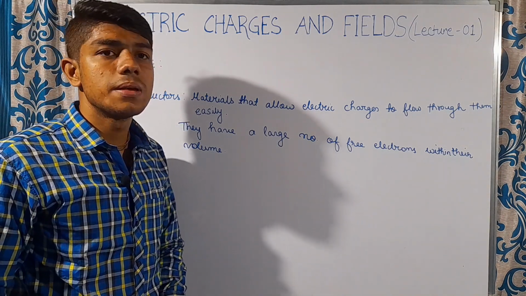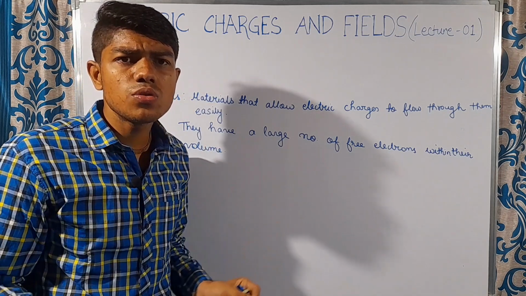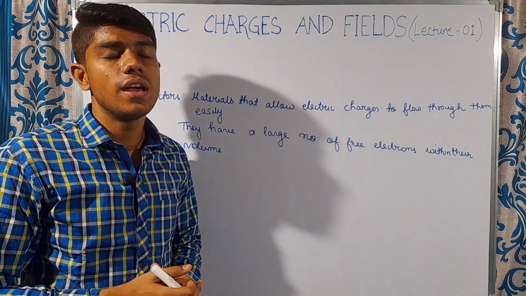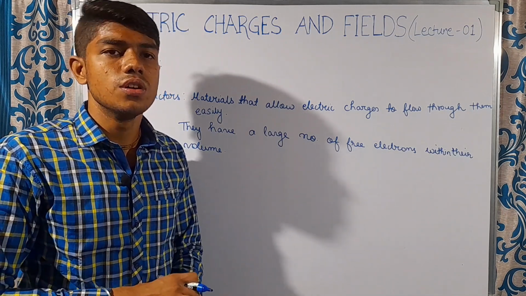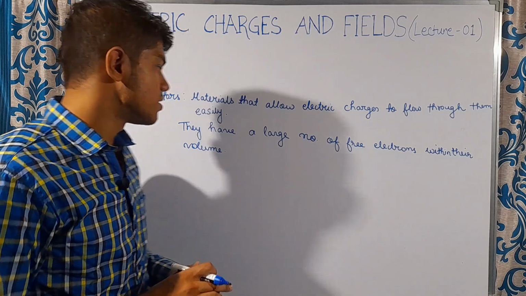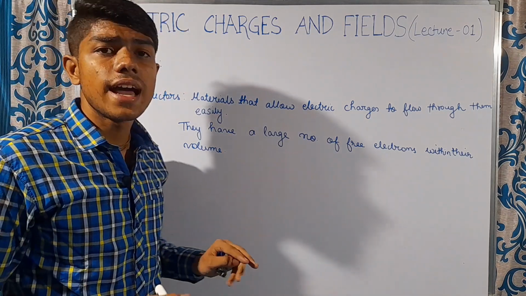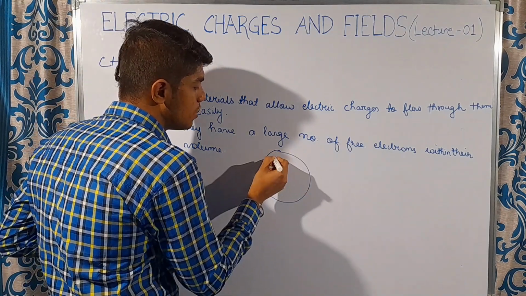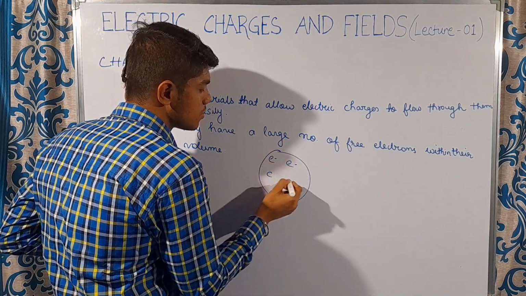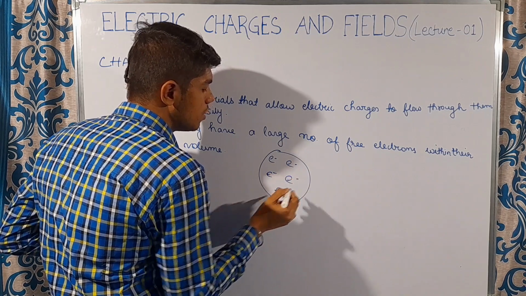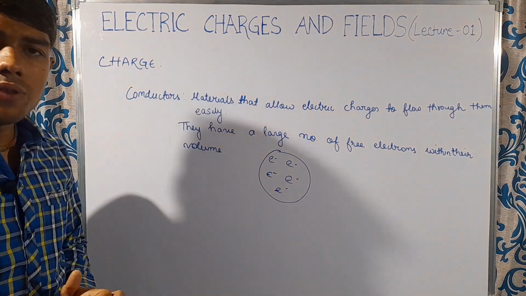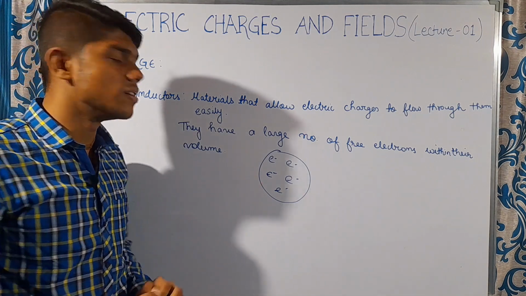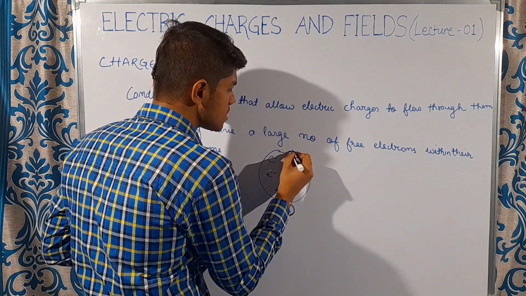Free electrons means the outermost electrons, or the electrons in the valence shell of an atom, are very loosely bound to the nucleus, so they can move very freely, and the free electrons reside within the volume of the material. Means if this is the conductor, then you will find the free electrons within the volume only. If you give an excess charge to a conductor, the excess charge will reside on the surface.